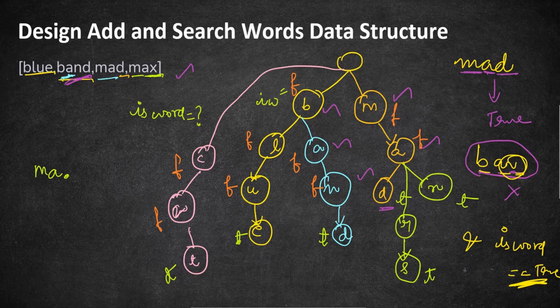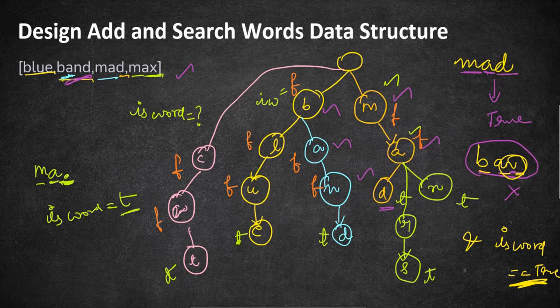Okay, now let's see the example MA dot. In this case, our algorithm is going to look for M first. Yes, M is there. A next, A is also there. So there is one dot. We have to have one more character as a child of A, which also has is word equal to true. Why? Because we have only three characters, and the next character after A must have true.